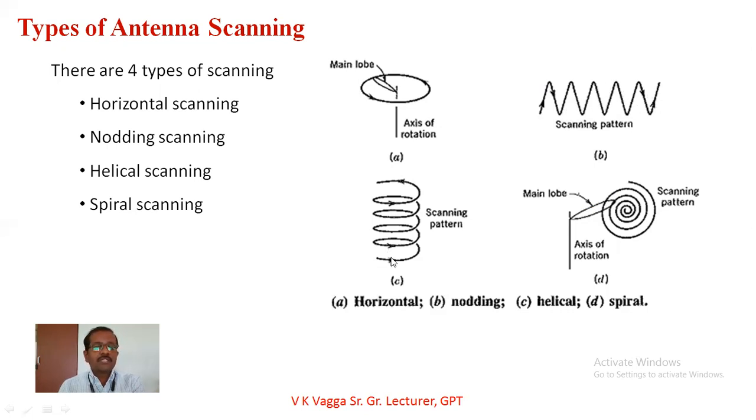In the helical case, it is going to start horizontally in a circular fashion and rise slowly upwards. And in the spiral case, it is going to start from the center position, form the circular space and increase its coverage area in a circular fashion. These are the four types of antenna scanning.